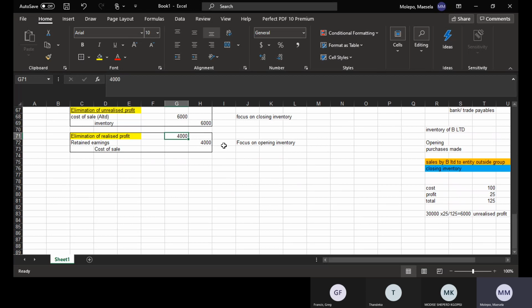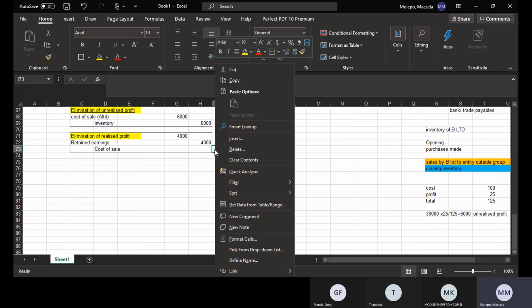Now that 4,000 needs to be included in the statement of profit and loss of the group because the profit is now realized. The profit was generated by who? By the parent. That's why we take the full 4,000. We don't take the percentage of the 80%. If it was the subsidiary who sold to the parent, and then the parent sold outside the group, we would only take the 80% of that profit.